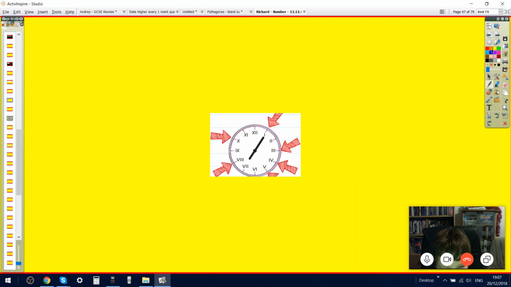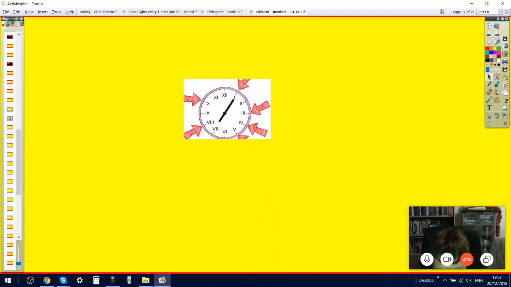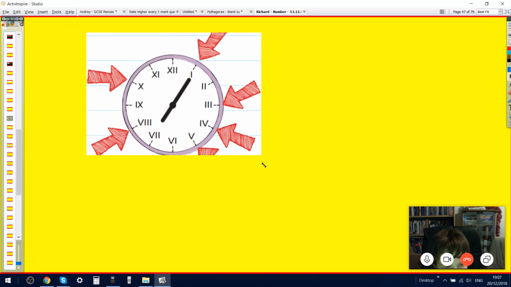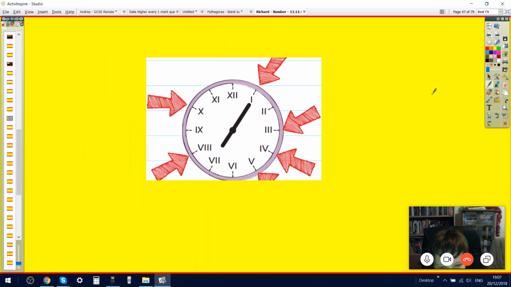Okay, Roman numerals. You can see Roman numerals on clocks and things. You have to say what number each arrow is pointing to. So the first arrow, which is pointing to the first number, looks like an I. It looks like number 1, but it's actually the number 1 in a Roman numeral.